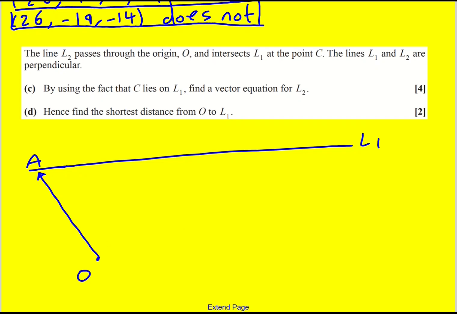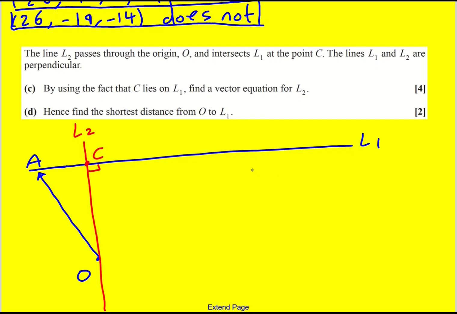But then we've also got L2, which passes through the origin. And I've made it so you can see there's a right angle and that they intersect there. So this is point C. By using the fact that C lies on L1, find a vector equation for L2.